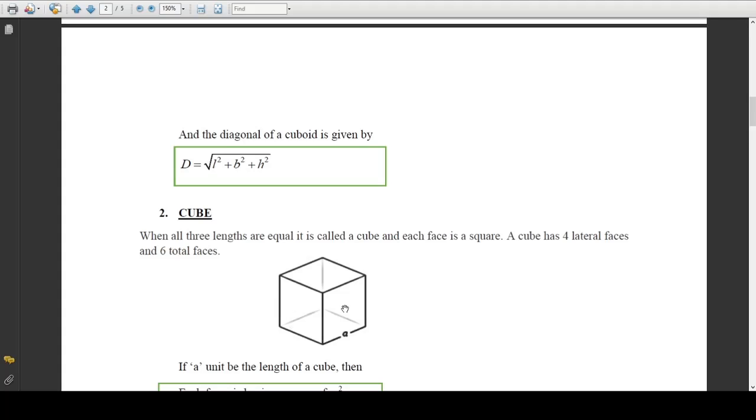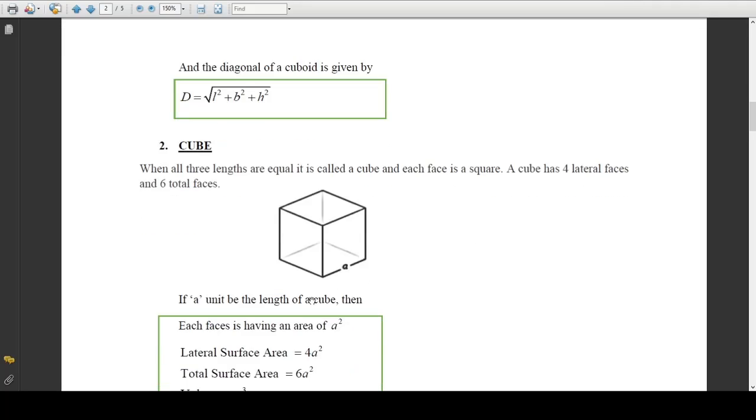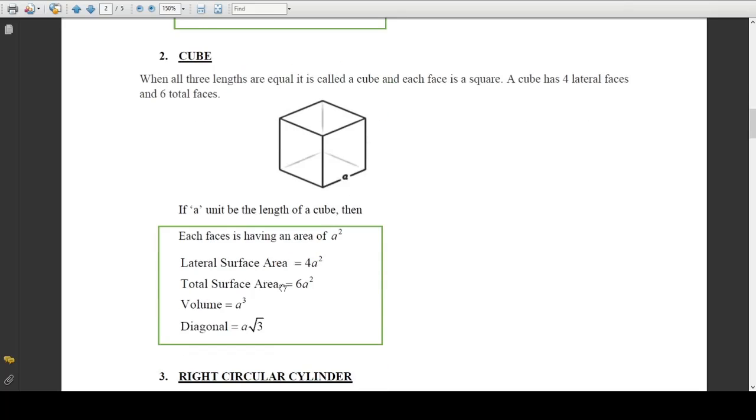It has 4 faces, therefore the area will be 4A square, while the total surface area will be 6 faces. Area of each face is A square, therefore 6A square, and the volume is length multiply breadth multiply height, A multiply A multiply A, which is A cubed.